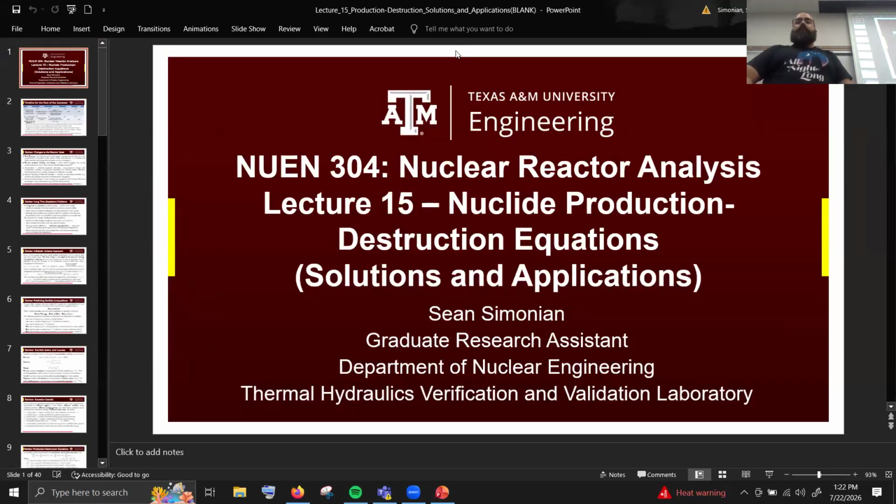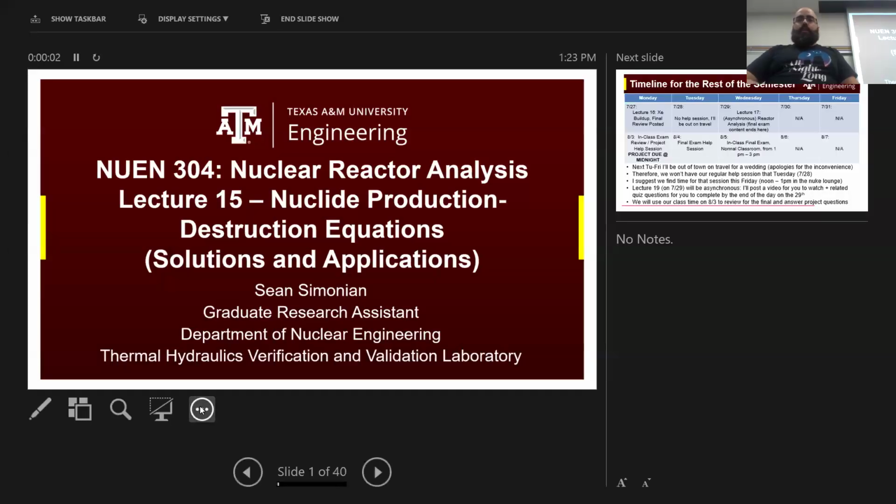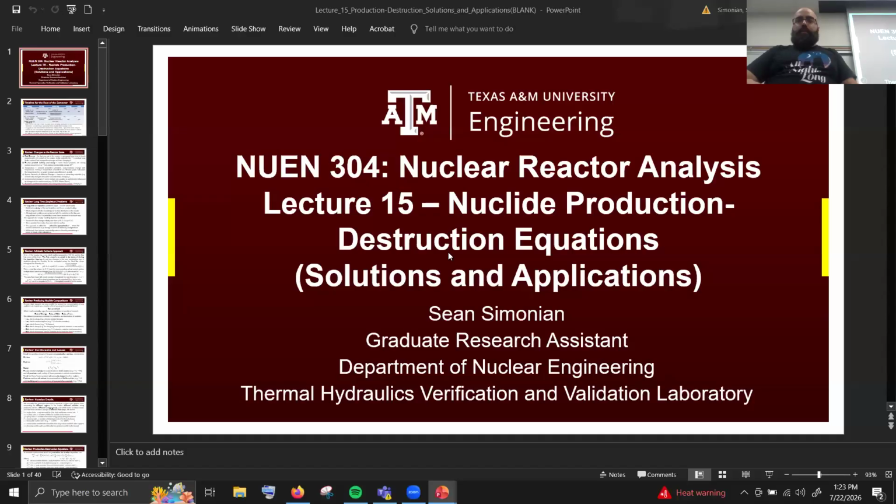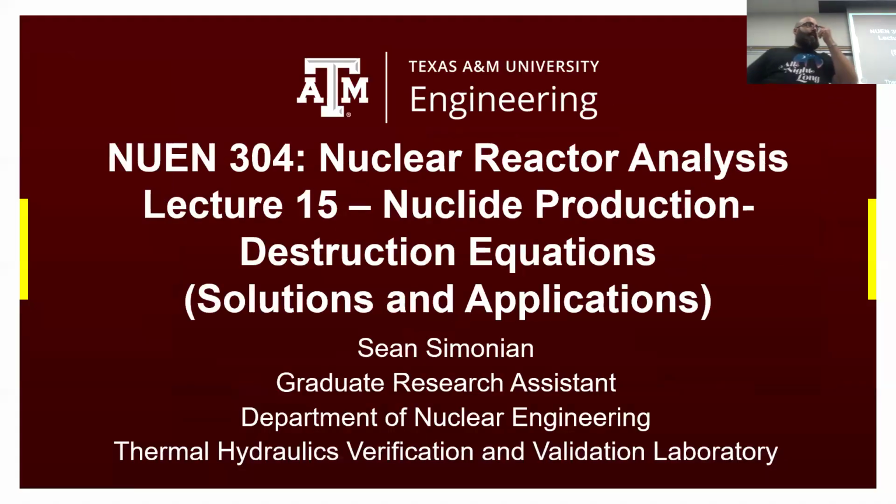Last time we outlined and started deriving what these production destruction equations look like, and this time we are going to start solving them, and then we're going to start applying them to some important nuclides of interest. The one we're going to talk about today is samarium 149, which is a very important neutron poison.